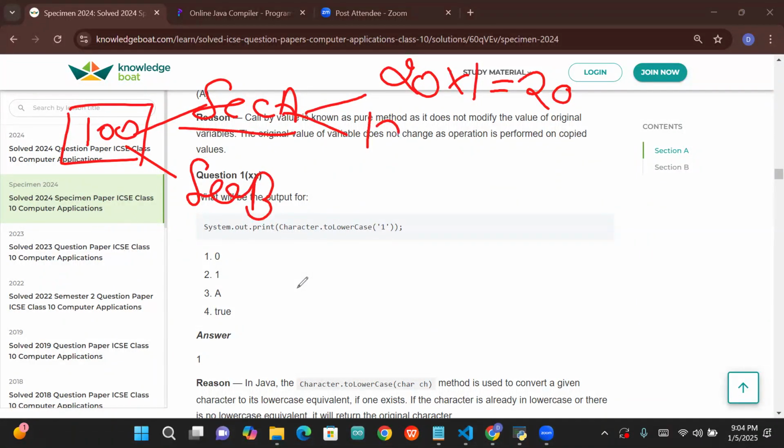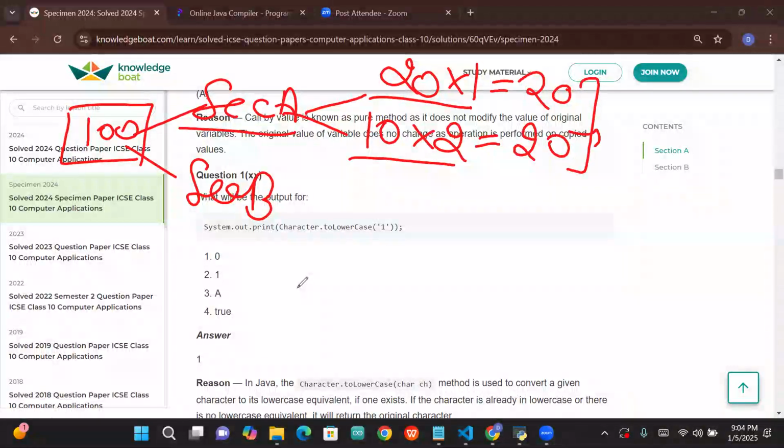Then 10 questions based on some output, each having 2 marks, so total 20. So 20 plus 20, total 40 marks in section A.